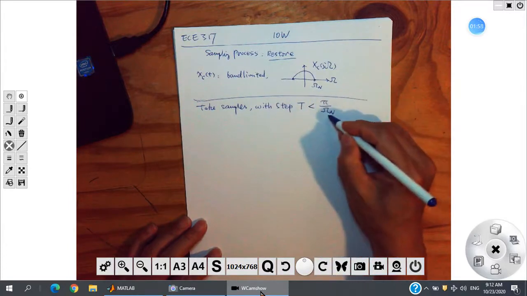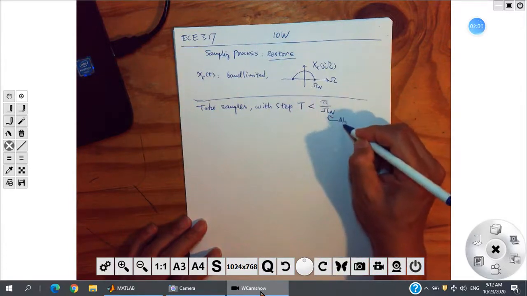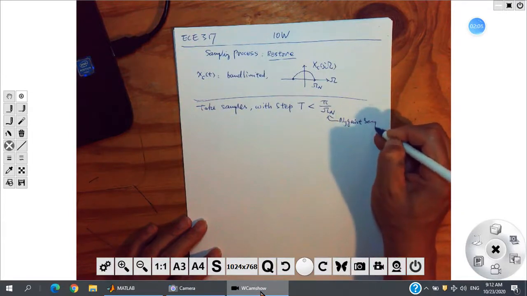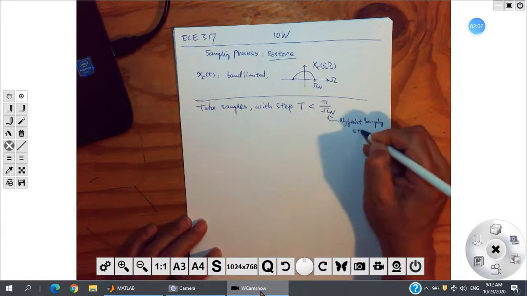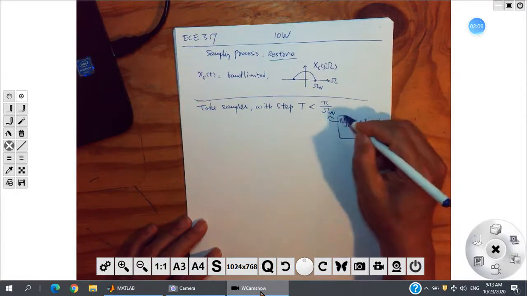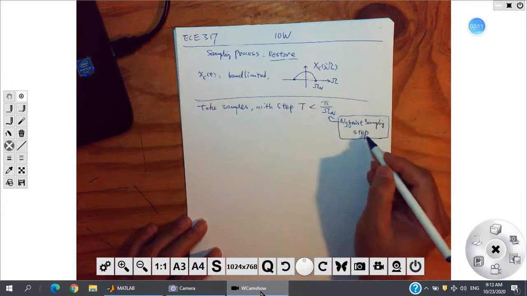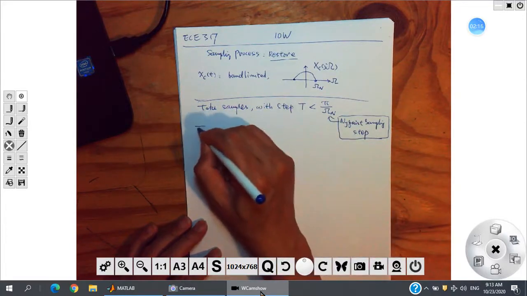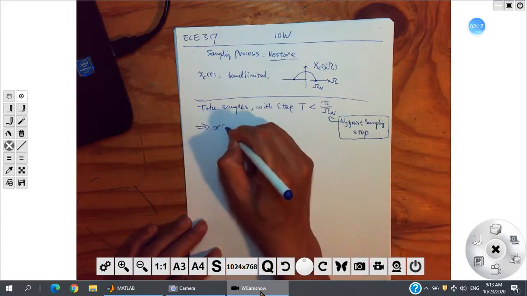This is the Nyquist sampling step. So you need to choose T smaller than this step, and then you can have the sampled data x of n.